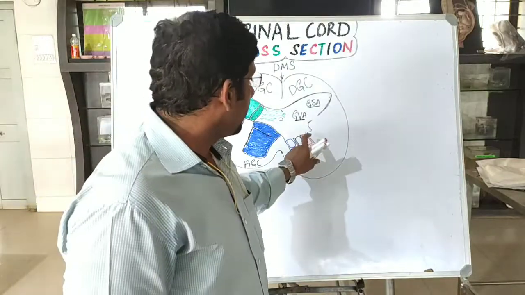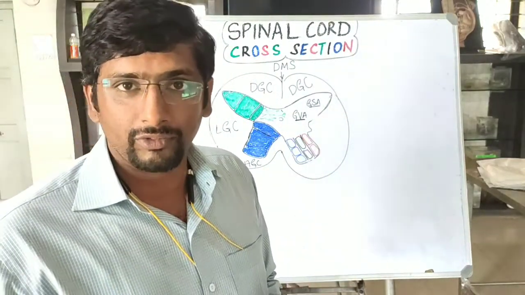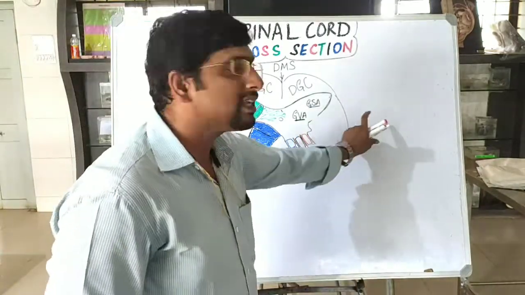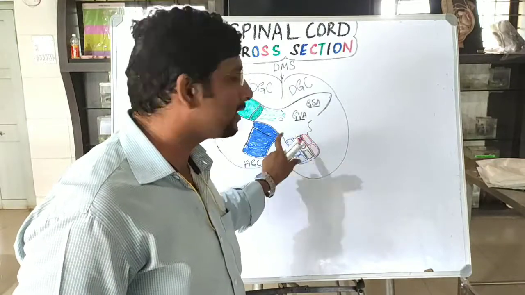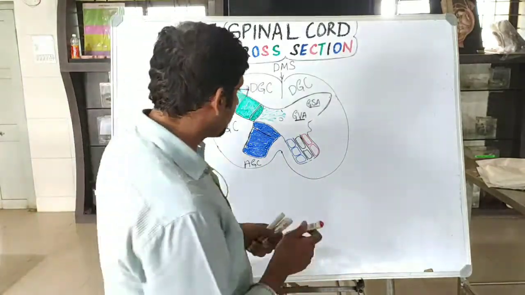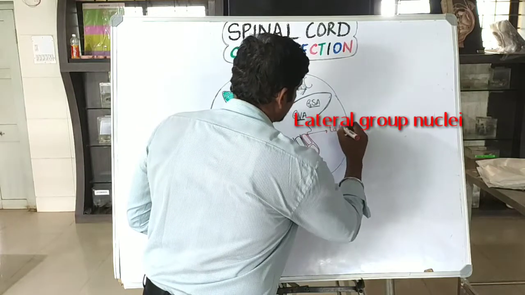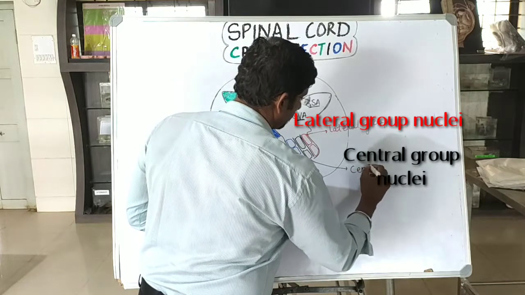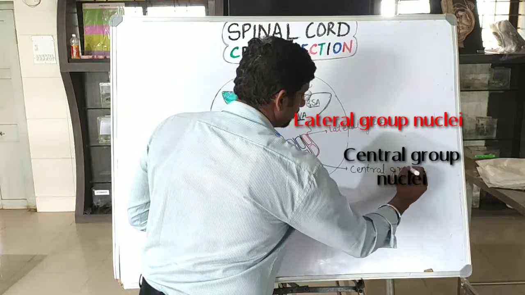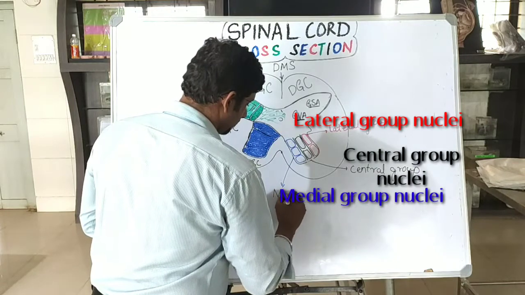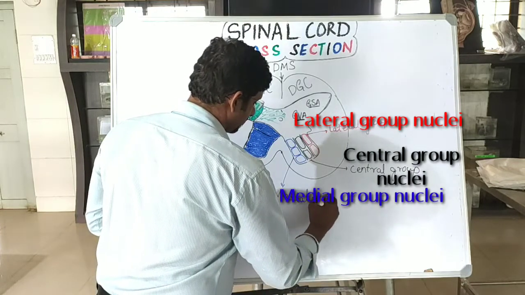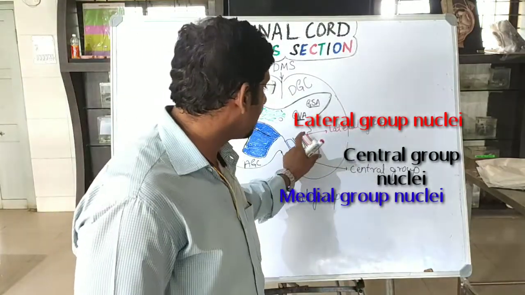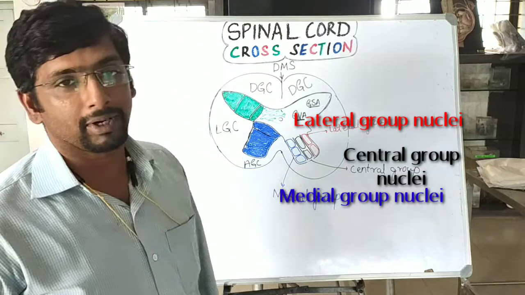In the anterior gray horn, we are going to divide it into 3 groups: a lateral group, a central group and a medial group.